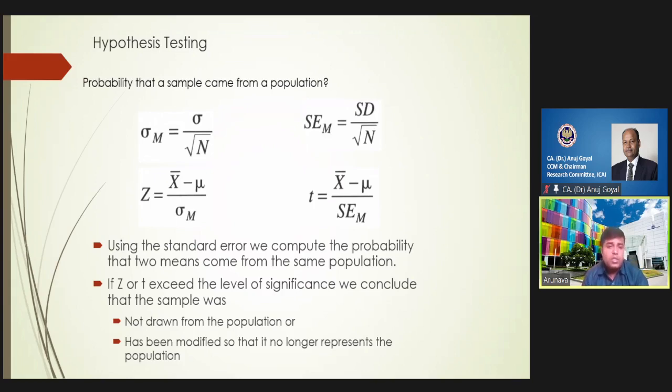And believe me, this hypothesis testing is used again and again in every analysis. A few minutes back, I was showing a regression result and we were talking about the significance of the coefficients. There also we rely on the T statistic. That T statistic tries to answer the question of whether this coefficient is different from zero or is zero. If it is zero, there is no impact of that coefficient.